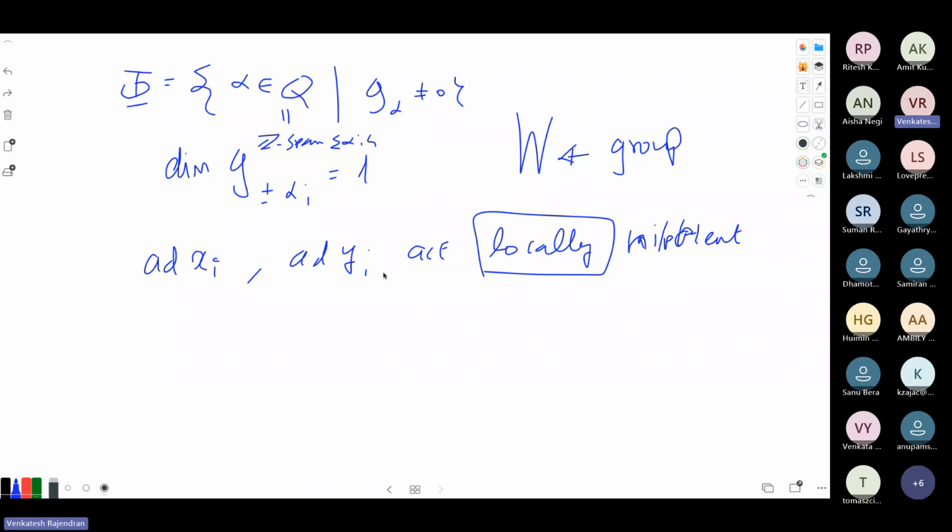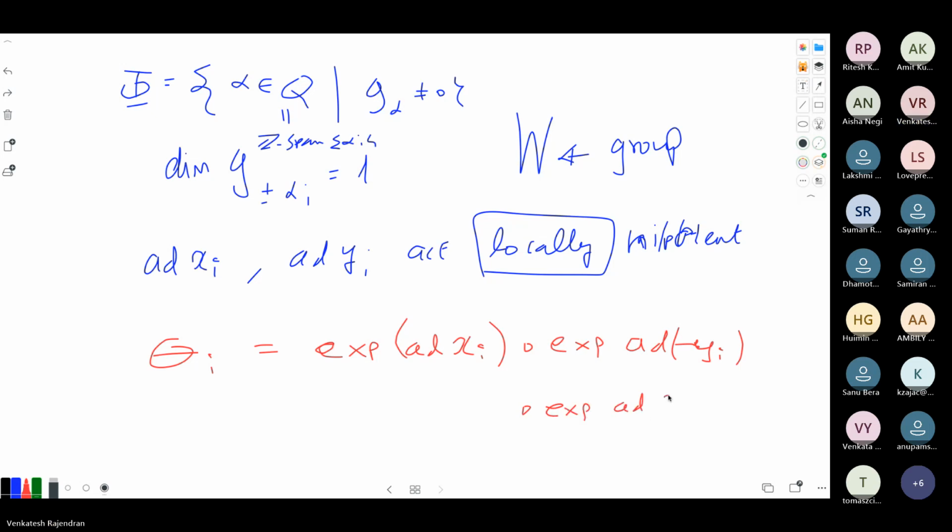But once you know that, then as you must have seen in the semi-simple algebras case, you can immediately define these exponential maps. Using the exponentials, you can easily define what is called theta I. The theta I you define to be exponential of ad xi composition exponential of ad minus yi composition exponential of ad xi.